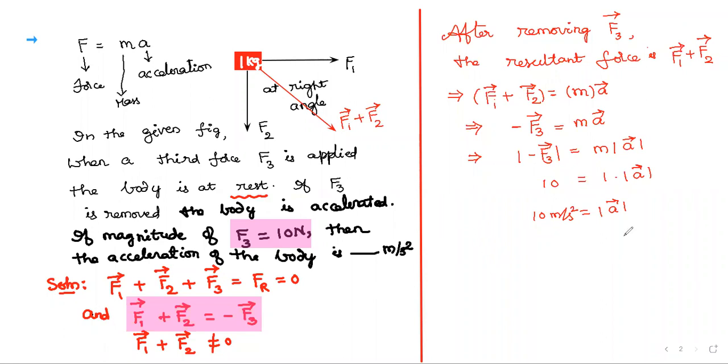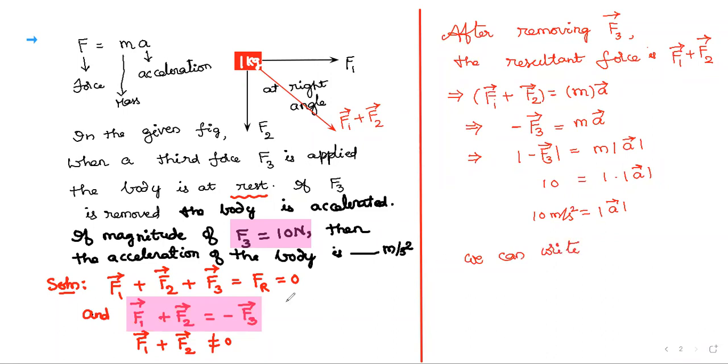Now, suppose they ask the direction, then look at the question. F1 bar plus F2 bar is in this direction, whereas the third force is minus F3.